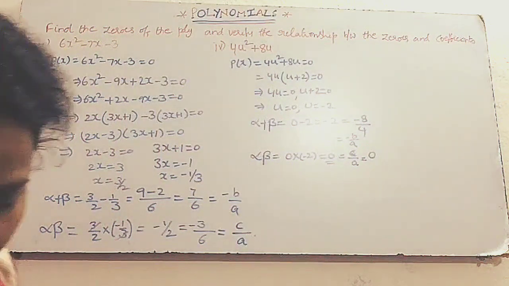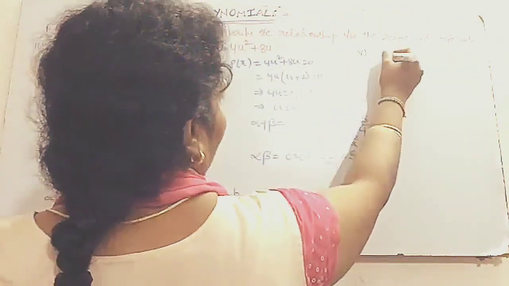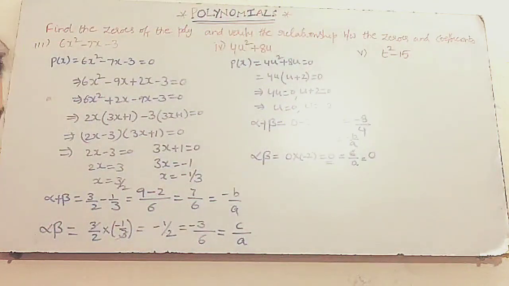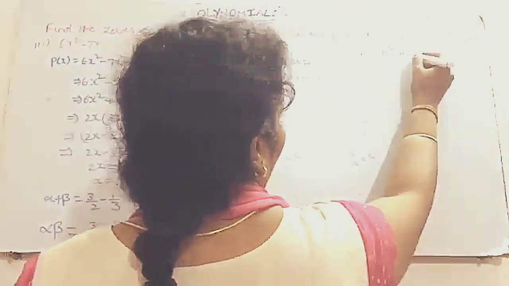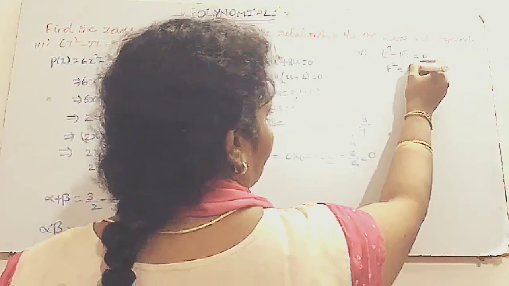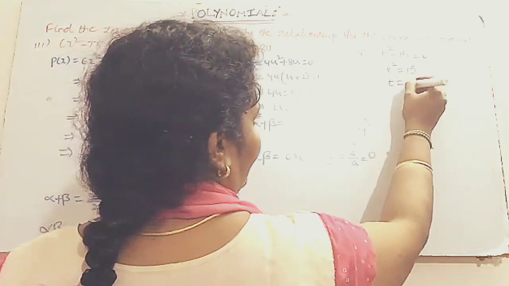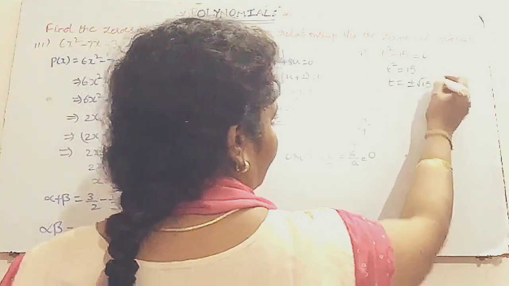Next problem. t² - 15. Now t² - 15 = 0. t² = 15. So t = plus or minus root 15.